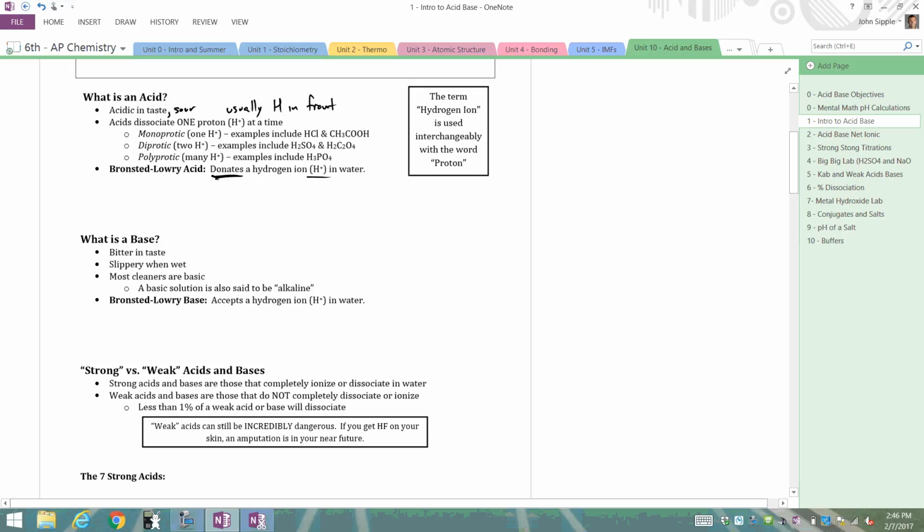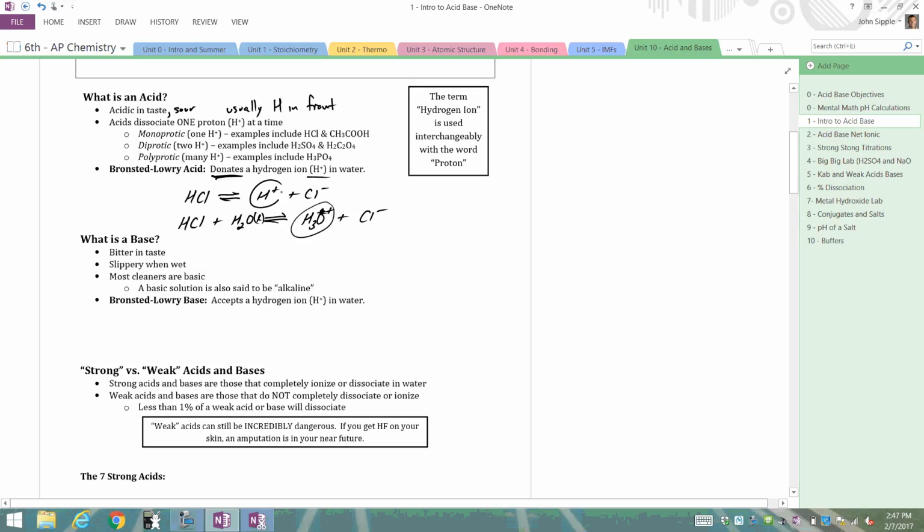So when we look at Brønsted-Lowry, we could write this two different ways. Like HCl, hydrochloric acid, we could write this as H plus and Cl minus in solution, right? And we could also write it as HCl plus water, where water is liquid so we wouldn't include that in the equilibrium expression, giving H3O plus and Cl minus in solution.